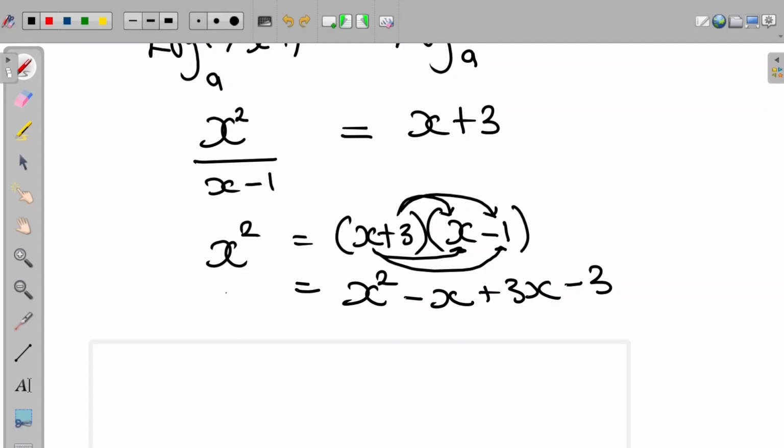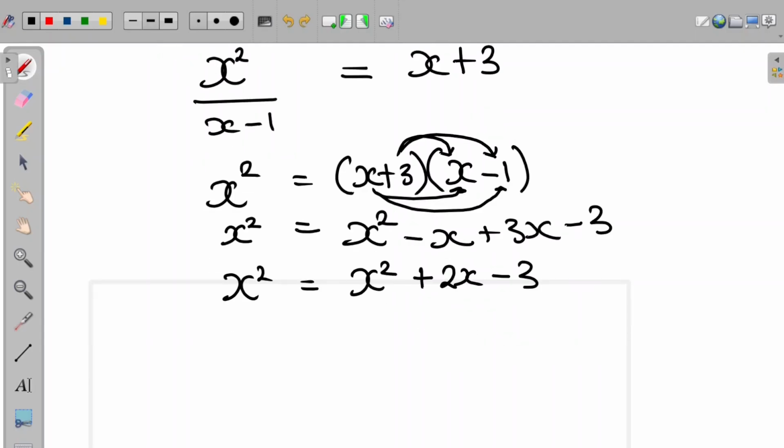So we put down the left hand side. We can simplify the right hand side by saying that minus x plus 3x is plus 2x. So this is x squared equal to x squared plus 2x minus 3. So we have it that x squared minus x squared minus 2x is equal to negative 3.